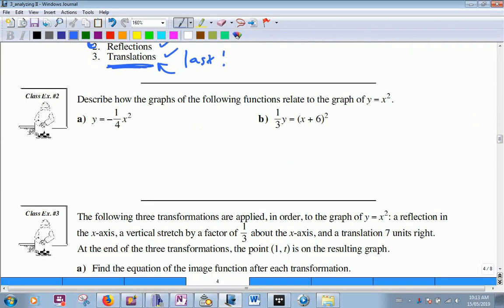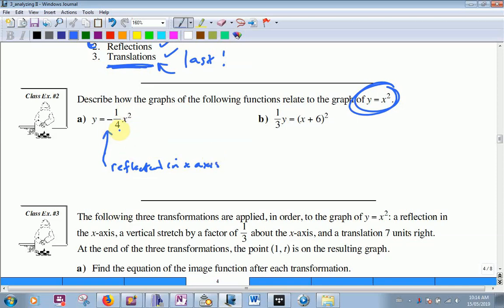Describe how the graphs of the following functions relate to the graph y equals x squared. What's going on here compared to this one? I've got a minus and I've got a quarter. What does the minus do? That's a reflection in the x-axis, or over the x-axis.